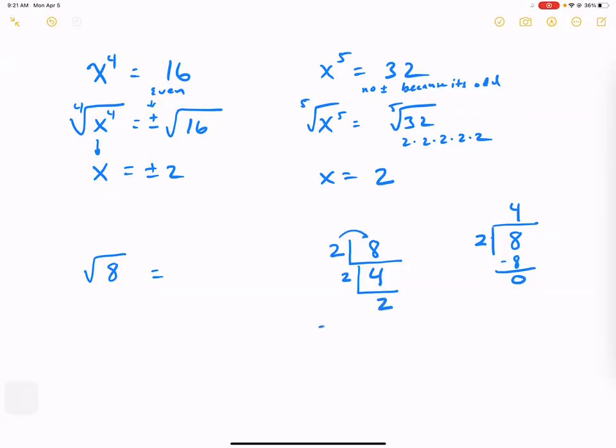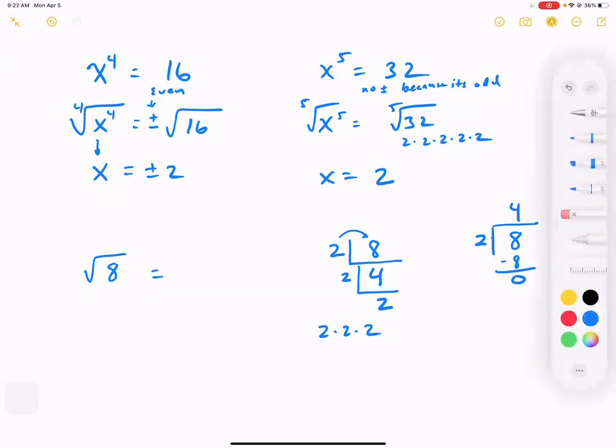And let's double check, is it 2 times 2 times 2? That is 8? Yeah, right? So we're able to look at all the prime factors. When we do it in this simple upside down way, I call it box method, but the word box method is used in a lot of different ways.